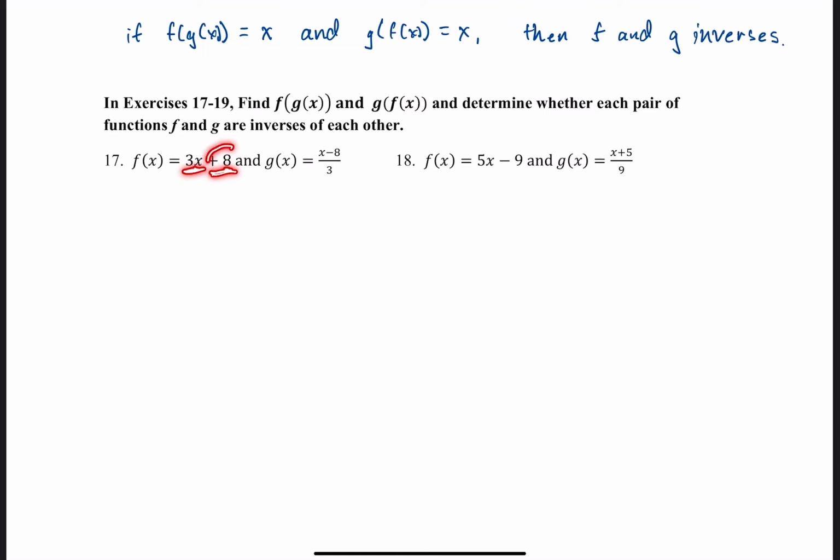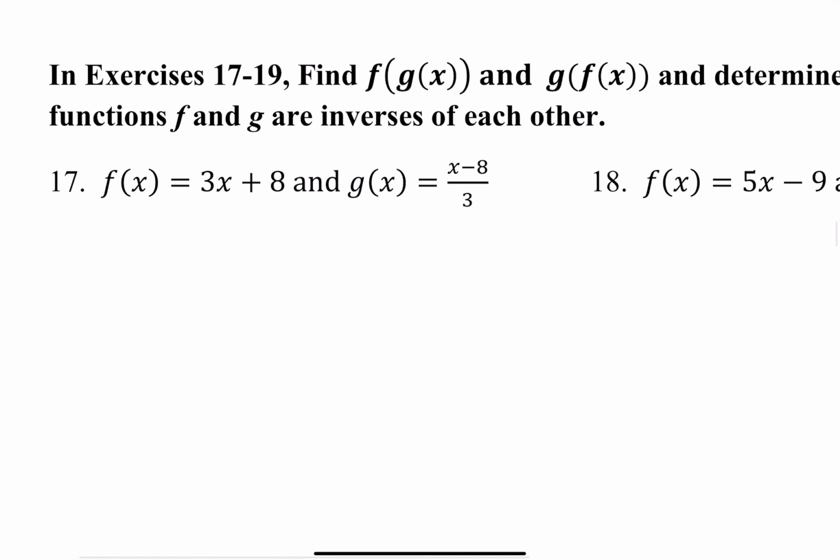Do we first subtract 8 and then divide by 3? If you look at this, yes. The numerator is acting as a type of parentheses, so we first subtract, then we divide. And again, the other function had the opposite operations in opposite order. That is to say, we first multiplied, then we added. So intuitively, this is yes.